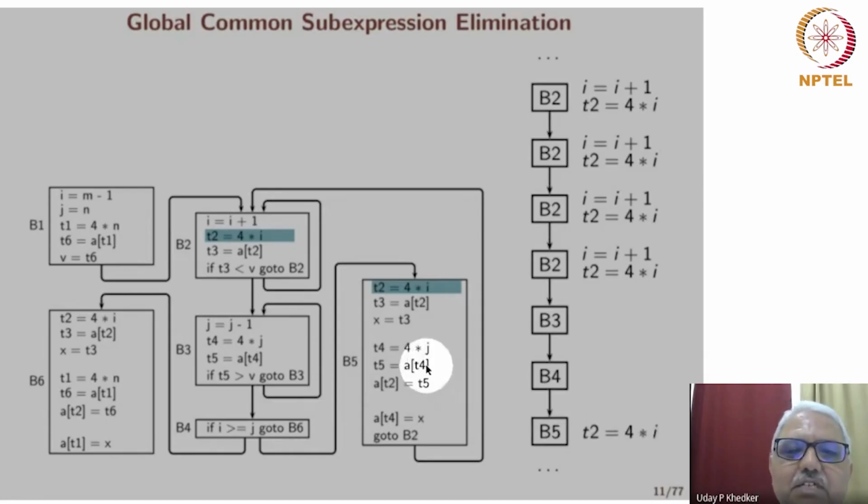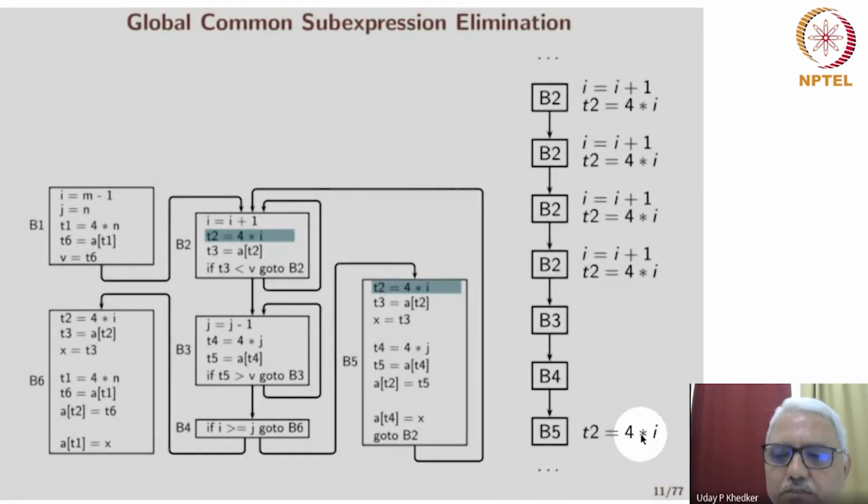I mean, B5 itself could have a loop around it, and there could be multiple occurrences of B5. So for this we talk about the last occurrence, and for this we talk about the first occurrence. So the question is, how do we do it systematically? Can we write the mathematics of doing this? And that's the topic of today's lecture.